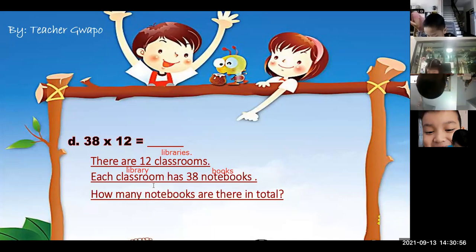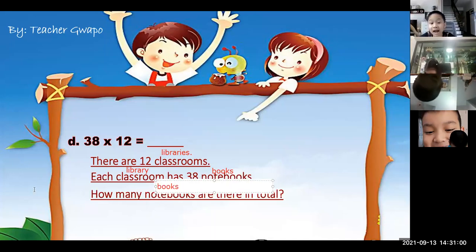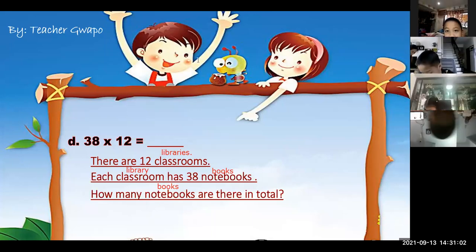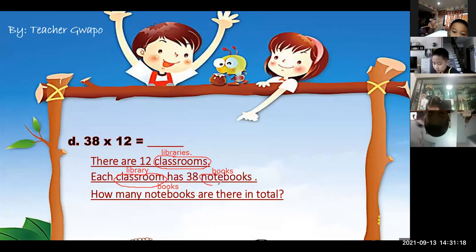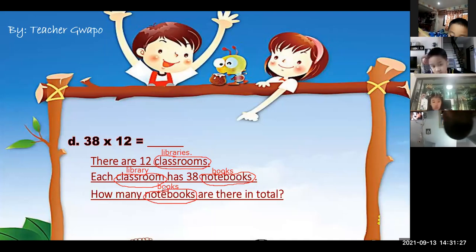So how many books are there in total? Here, instead of classroom, we change it into library. Instead of notebooks, we use books. Something like that.